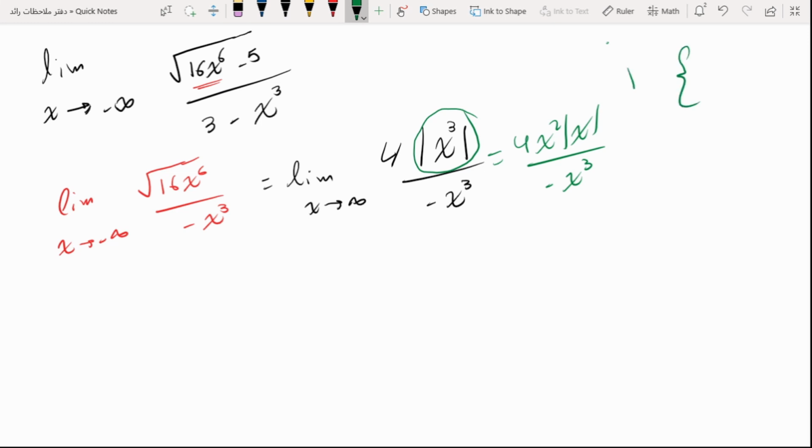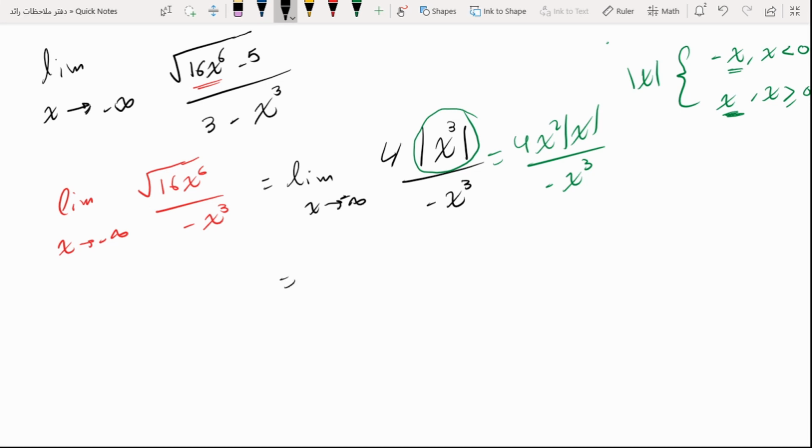Now, the absolute value of x is equal to negative x when x is less than 0, and x when x is greater than or equal to 0. If x approaches infinity, I will take x, and if x approaches negative infinity, I will take negative x. So in this case, we have x approaching negative infinity, so I will take negative x.